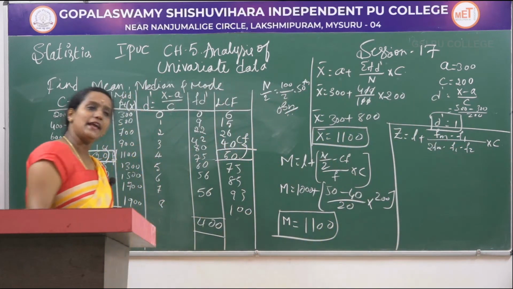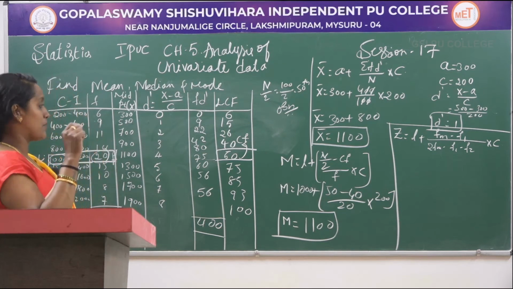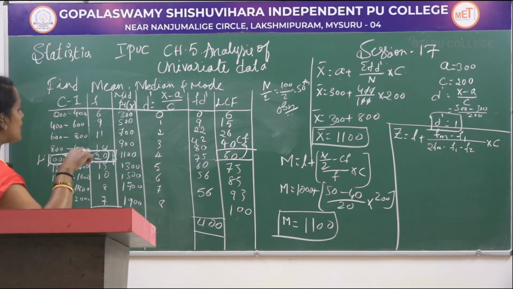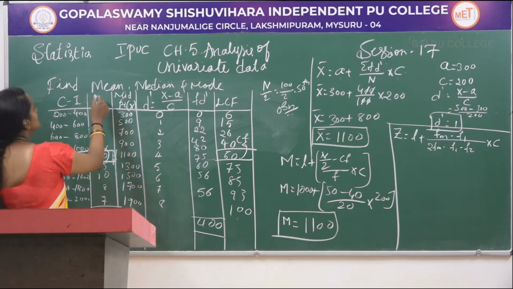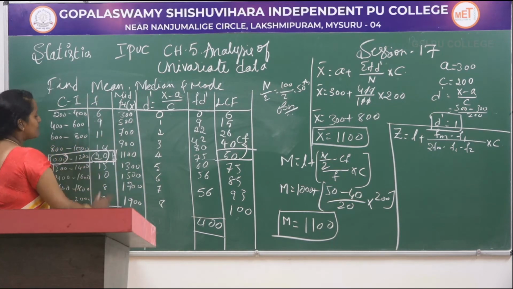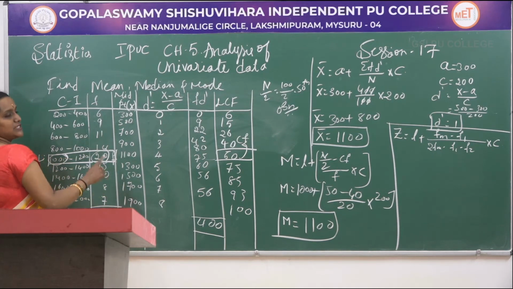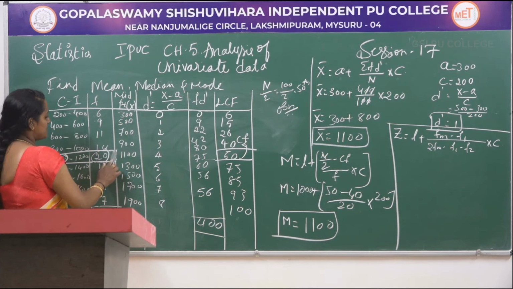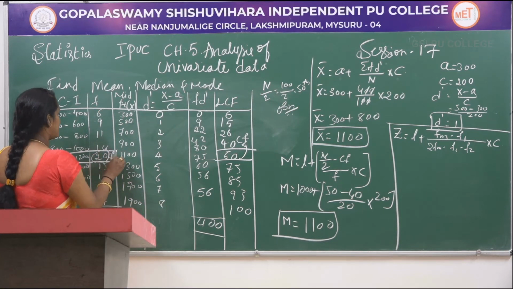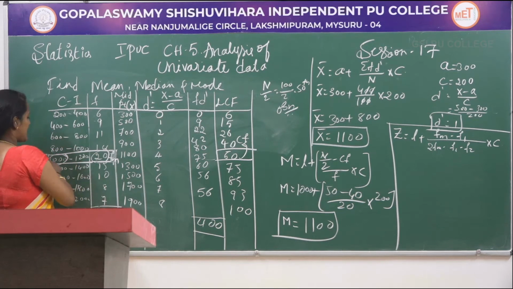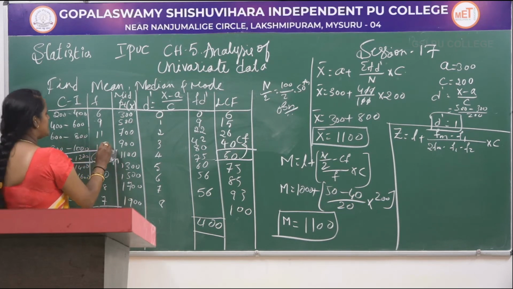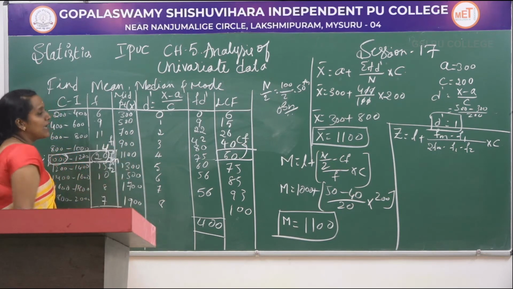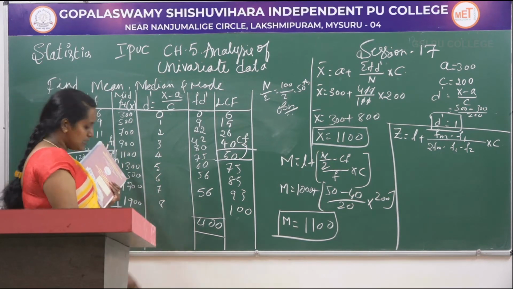Here, to find fm, that is the frequency, we have to check the maximum frequency in the frequency column. See, this is the frequency column. In this column, we have to see which is the maximum value. Here in this frequency column, 20 is the maximum. So this will be your fm value, and this class interval we have to consider, and the previous one will be f1 and the next one will be f2, okay, and L will be the same.